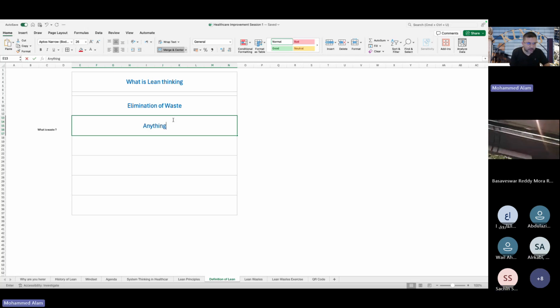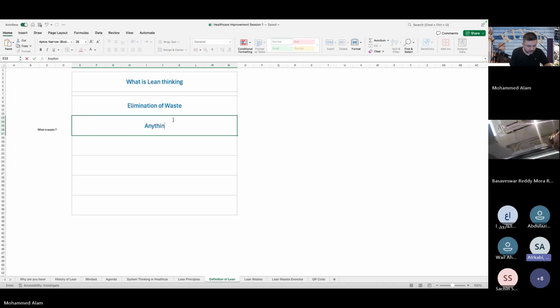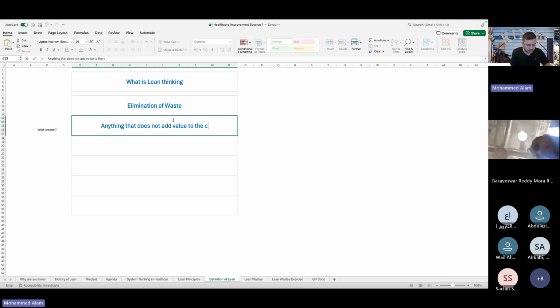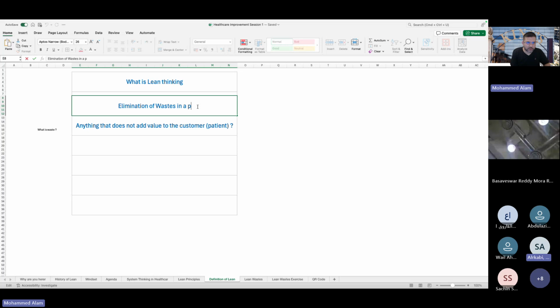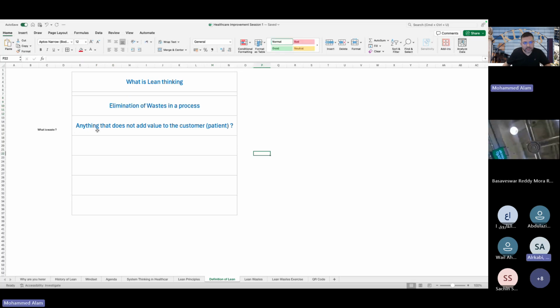Excellent. Anything that does not add value to the customer, or let's say patient, right? Fair enough. So the lean thinking is elimination of wastes in a process. And waste is anything that does not add value to the customer.